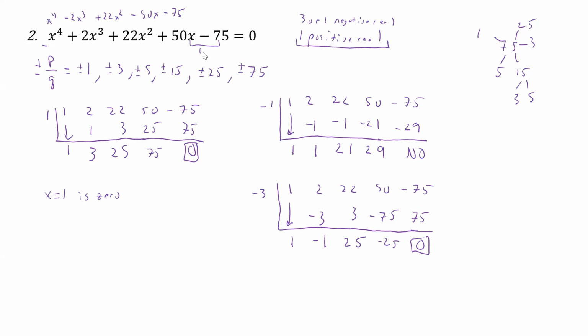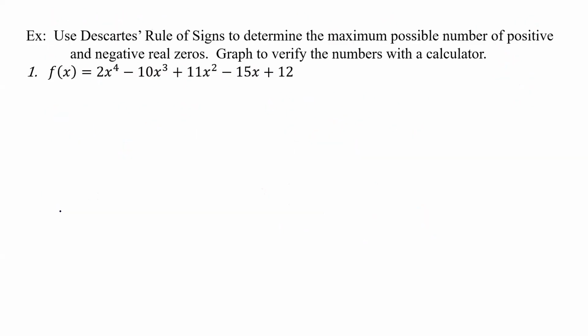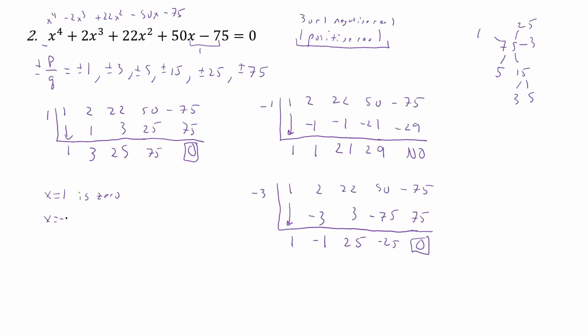So what do we have now? We have x is -3 is a 0 as well. And so what do we have here? That was x to the 4, so that was then x to the, oops, you know what I did? I have my 2 factors, but I didn't use those numbers there.